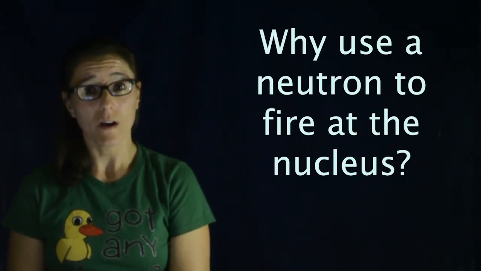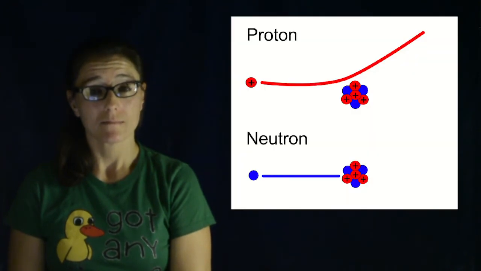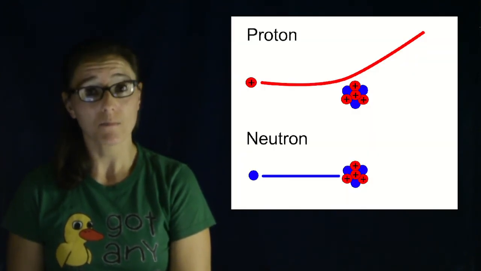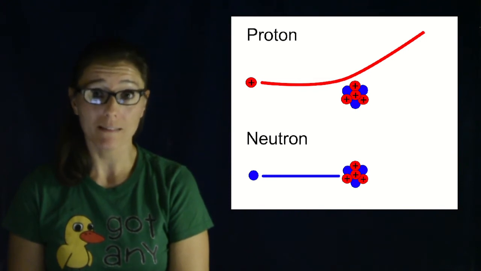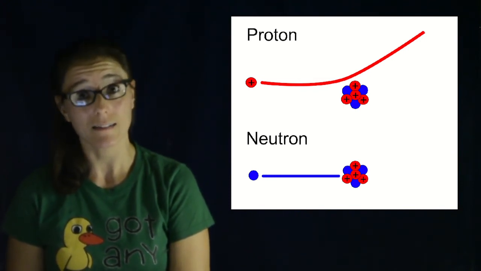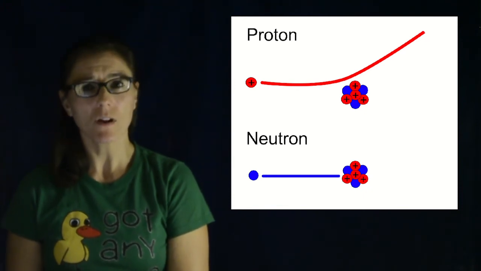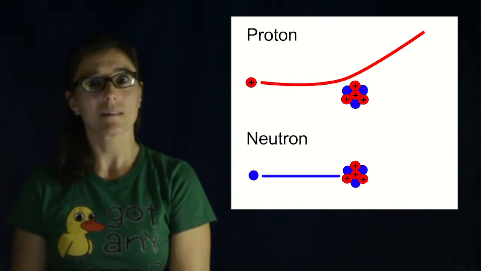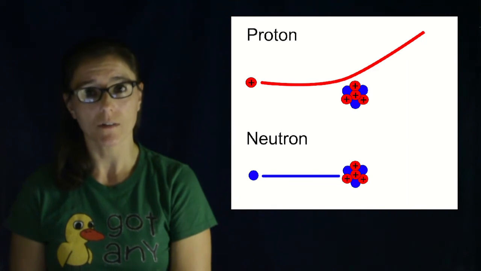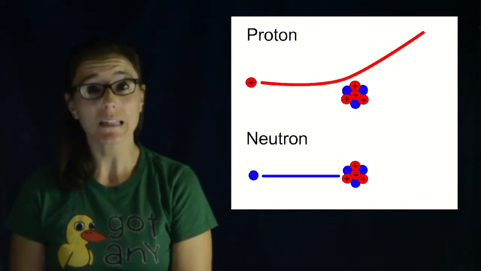What makes a neutron a good bullet? Think about it for a moment. A proton is a bad bullet. Why? Because it's positive, and a positive particle is going to repel from a positive nucleus and never make contact, which is what we saw in Rutherford's gold foil experiment. An electron would attract to the nucleus, but it's still a bad bullet to fire into the nucleus because it's really tiny.